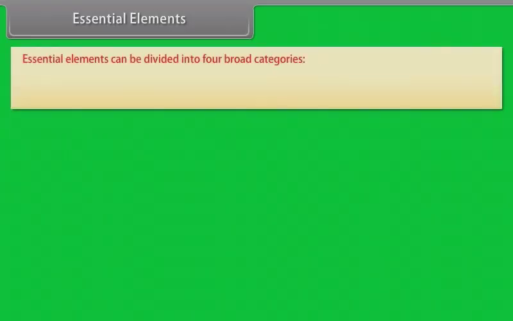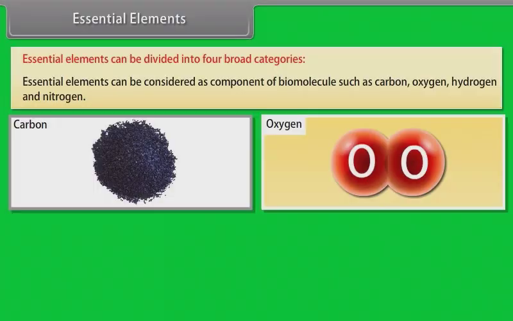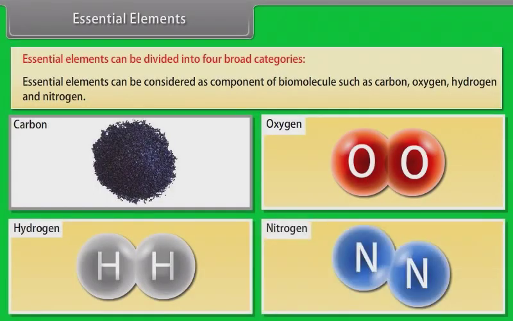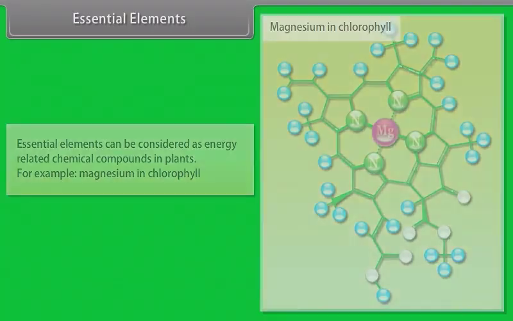Essential elements. Essential elements can be divided into four broad categories. Some are components of biomolecules, such as carbon, oxygen, hydrogen, and nitrogen. Some are components of energy-related chemical compounds in plants, for example, magnesium in chlorophyll.